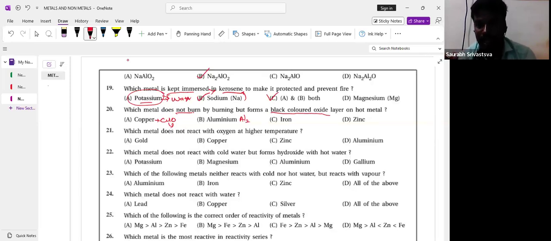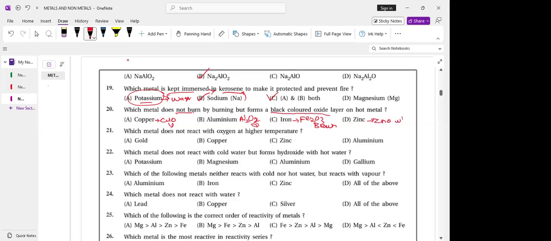It is not black, it's gray. Why does it become dirty? Because of the formation of aluminum oxide, Al2O3. Iron will form Fe2O3, which is a brown color. And zinc oxide, ZnO, will form as a white color. So only copper gives the black color, and that's why this one is the answer.